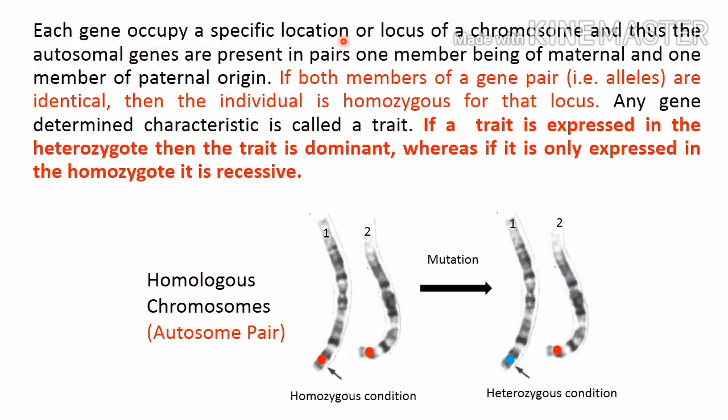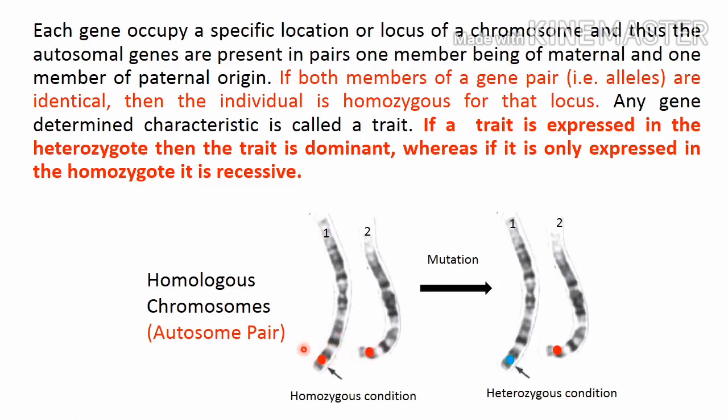Each gene occupies a specific location or locus on a chromosome, so if both members of a gene pair are identical, then the individual is homozygous, as represented here in this diagram. If this is a homologous pair of two chromosomes, this is the first chromosome of the homologous pair and this is the second chromosome of the same pair, and the red dots indicate two genes.